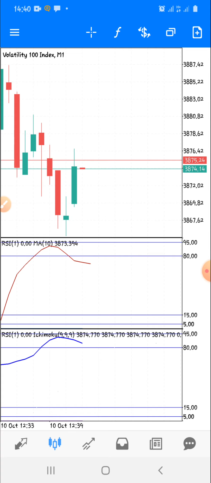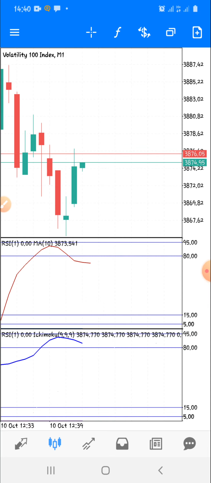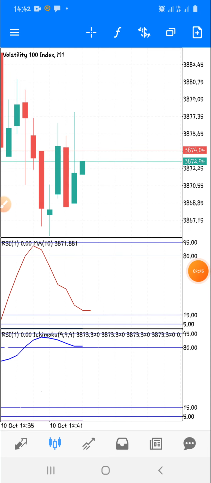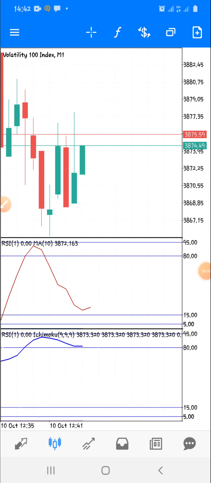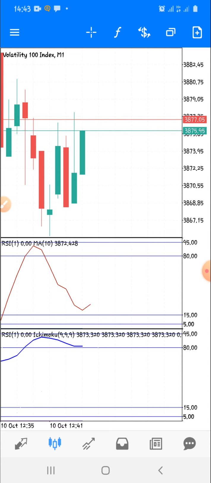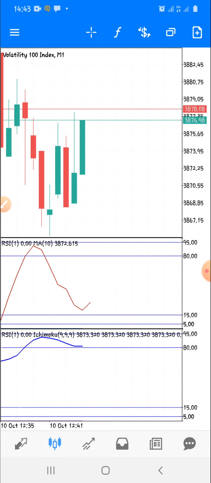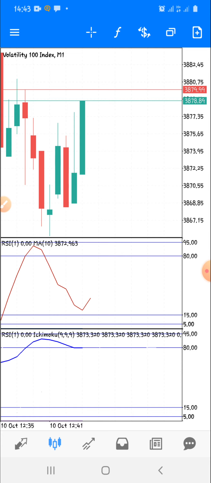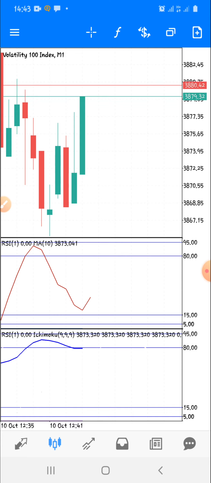So I will start explaining more about the MACD line. So the MACD line is 12 EMA minus 26 EMA, and the EMA is the exponential moving average.